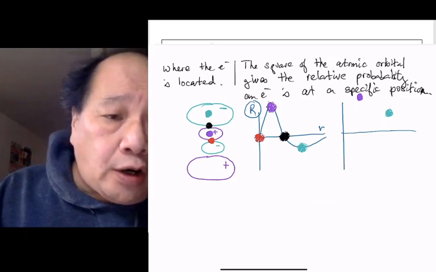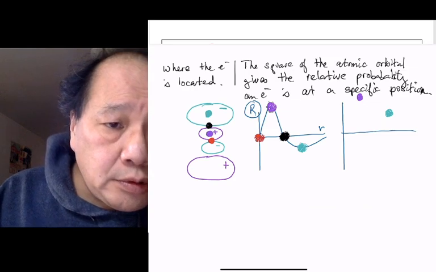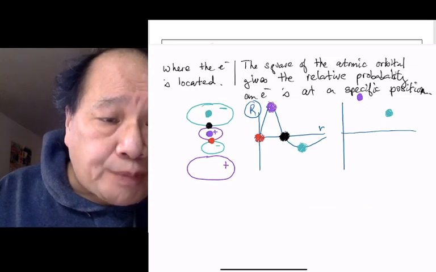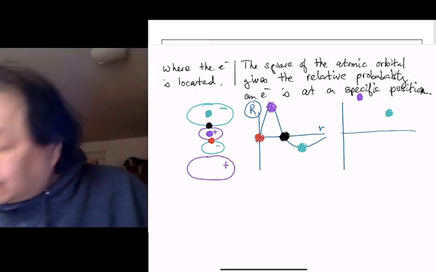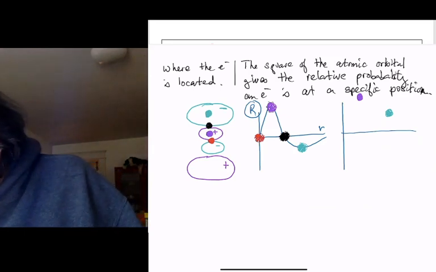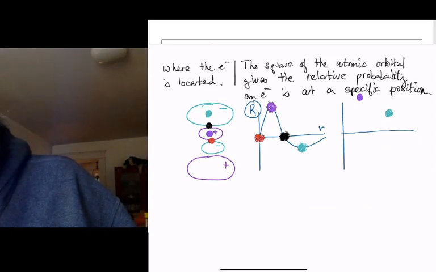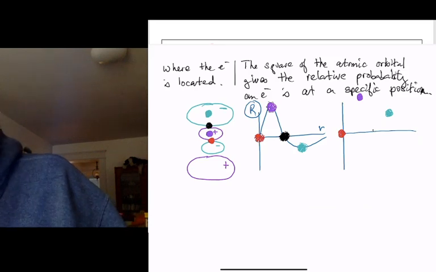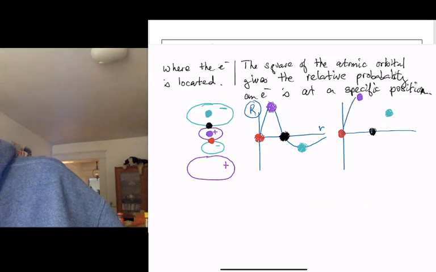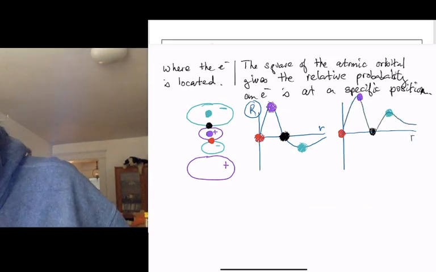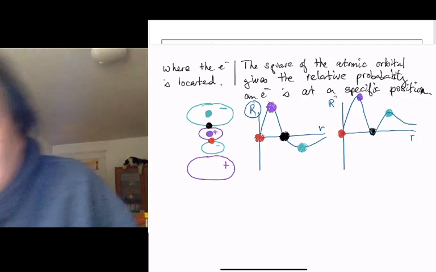The value of R is 0. So the square of R is the relative probability. Put in chat, what is the probability? It is 0. And if we connect these points, we get this graph. And this graph is called R squared.